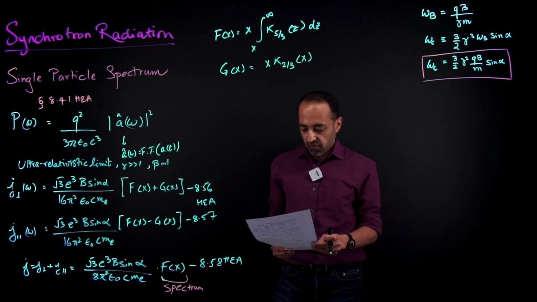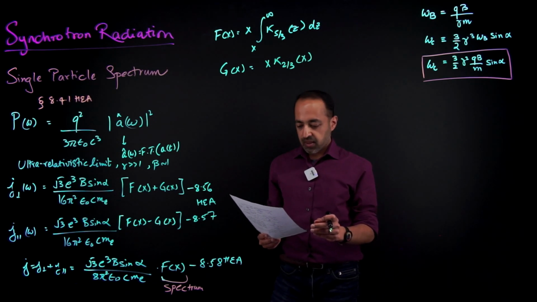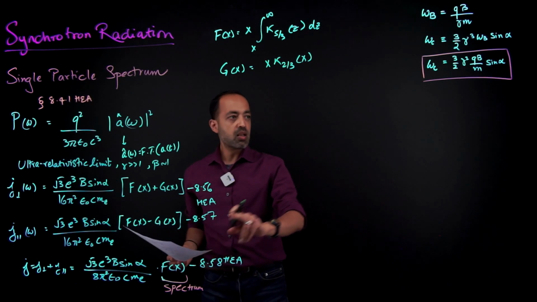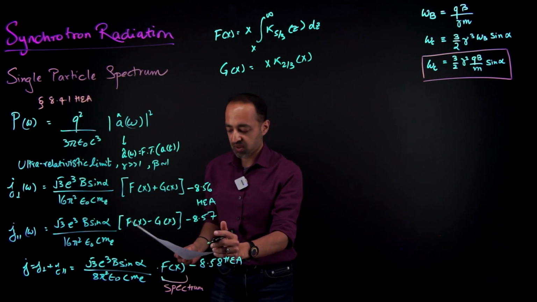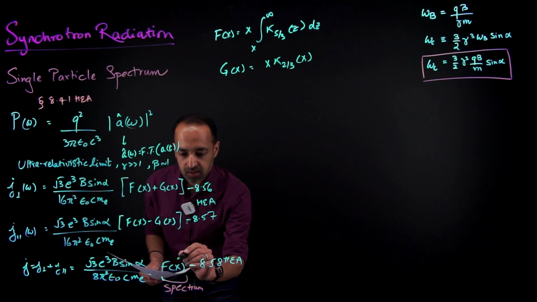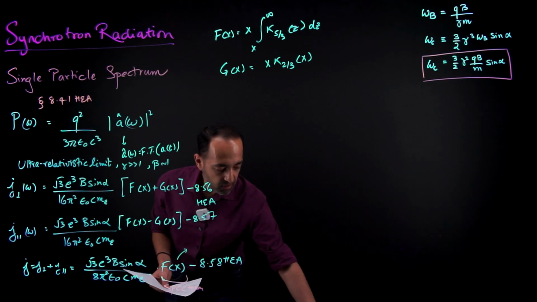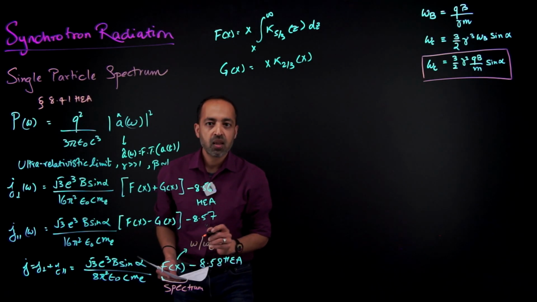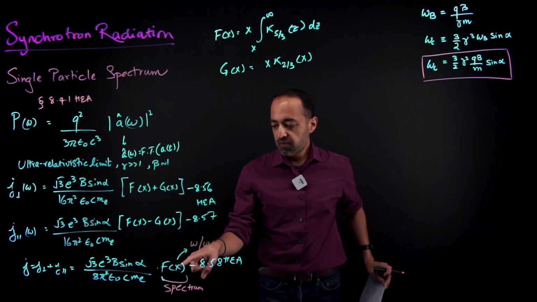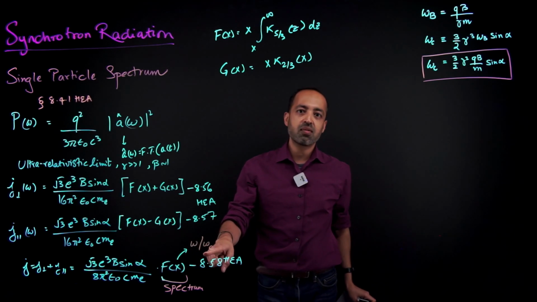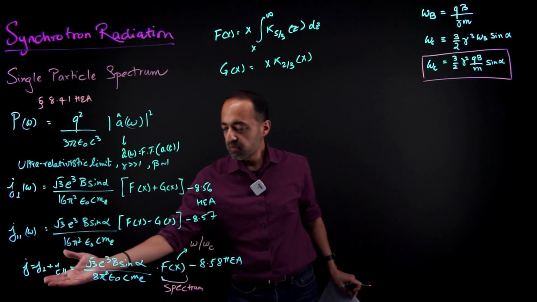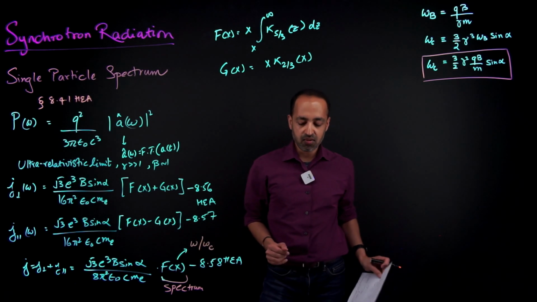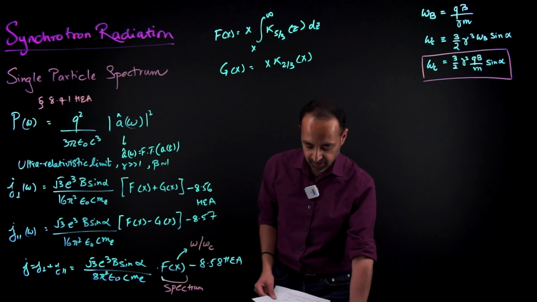So for our purposes, this x is related, as I said, to the spectrum, so it must contain the frequency, and so this x is just omega over omega c. Right, so this is the frequency in units of the characteristic frequency. So this is the radiation spectrum, where the frequency is written in units of the characteristic frequency. This will make sense in just a second.